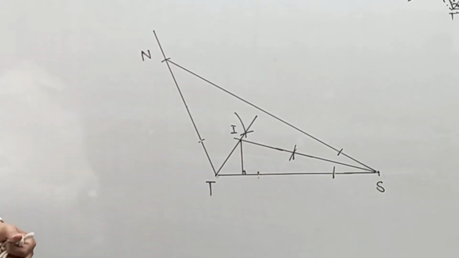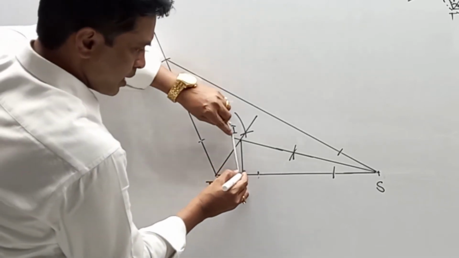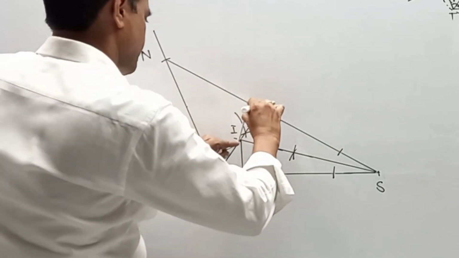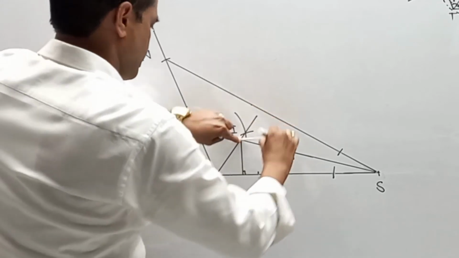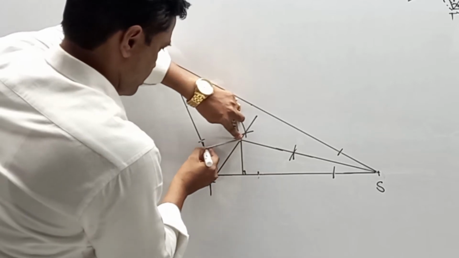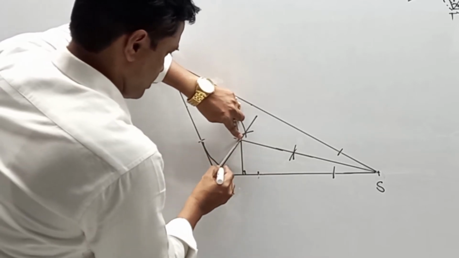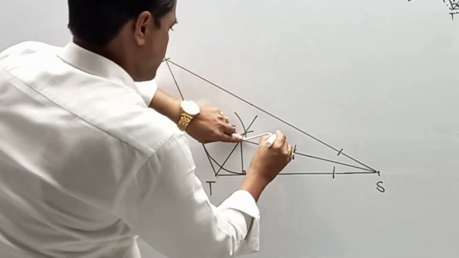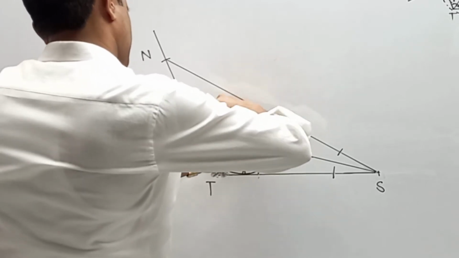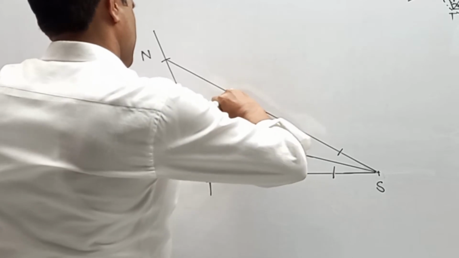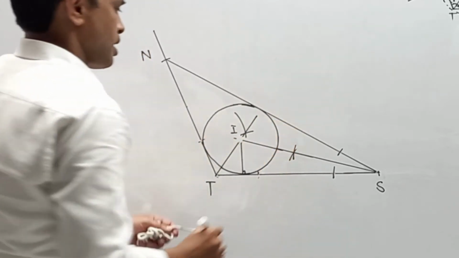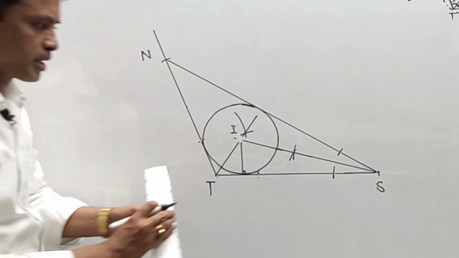So please pay attention. Here this is the radial distance. And in this way we are able to draw the incircle.